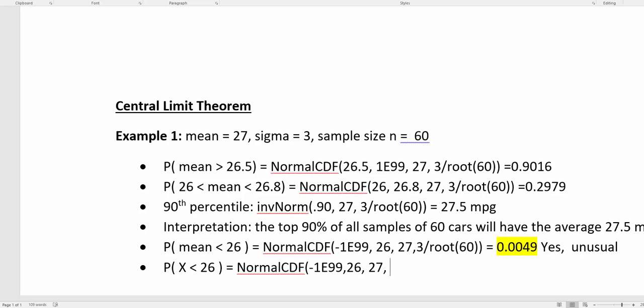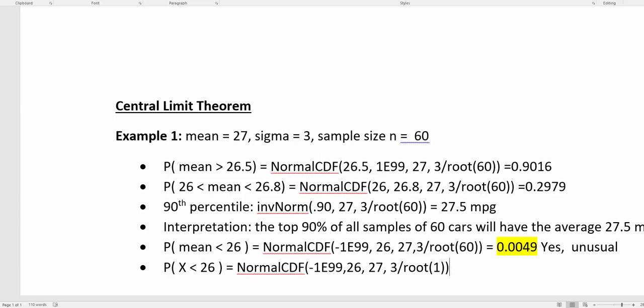One way to think about it is that one is just a very small sample of 1. Root 1 is just 1, so you just have your standard deviation of 3 instead of the standard error of 3 over root 60.